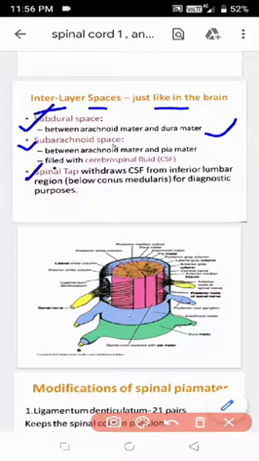The subarachnoid space is between the arachnoid mater and the pia mater, filled with cerebrospinal fluid, and a tap withdraws cerebrospinal fluid from the inferior lumbar region for diagnostic purposes. That means lumbar puncture. That name is lumbar puncture.